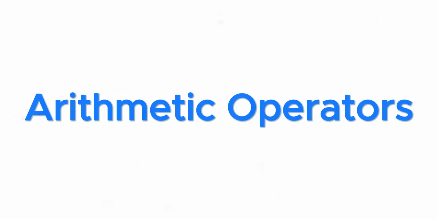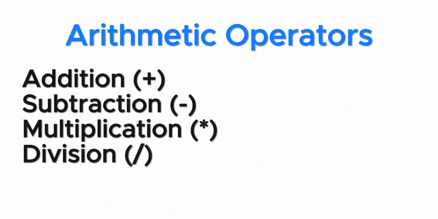Now we can move on to the main topic of this video, which are operators. These are the basic symbols and keywords that are used regularly in Python, so they are a key cornerstone in our program. The first type of operators that we'll be talking about are the arithmetic operators, and you will recognize most of these as math symbols. There's addition, subtraction, multiplication, and division.